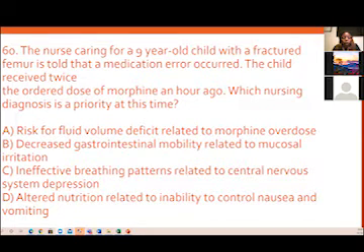A, risk for fluid volume deficit related to morphine overdose. B, decreased gastrointestinal motility related to mucosal irritation. C, ineffective breathing pattern related to central nervous system depression. D, altered nutrition related to inability to control nausea and vomiting.